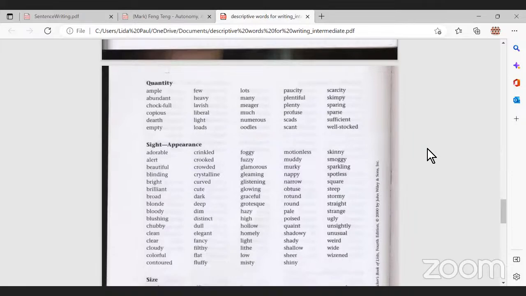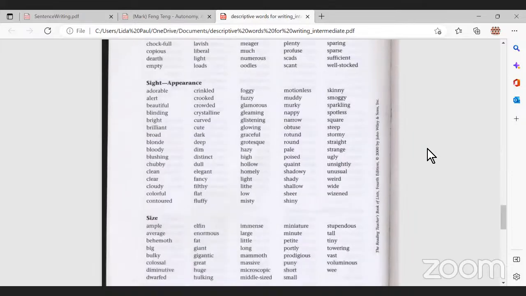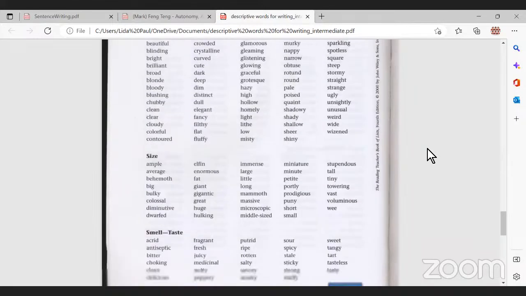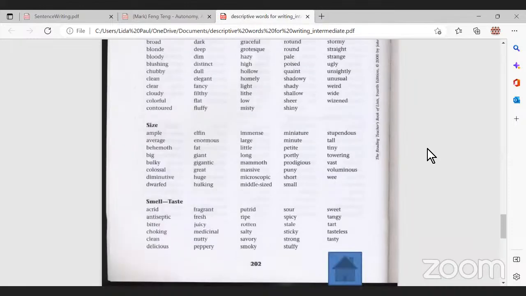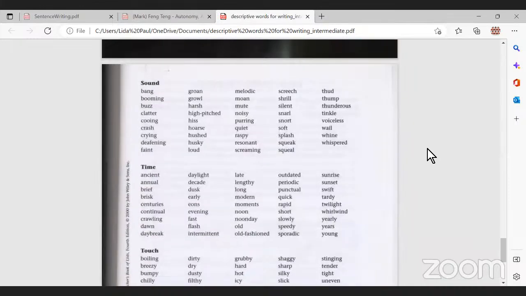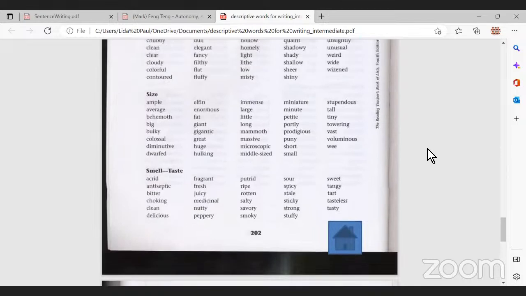Some of them are very useful. They also have lists for size and smell and all this. All of these are actually good. The smell, sound, time, touch, the adjectives of senses, and the adjectives of feelings, they're all very useful. If you're not in good touch with them, then this should work.